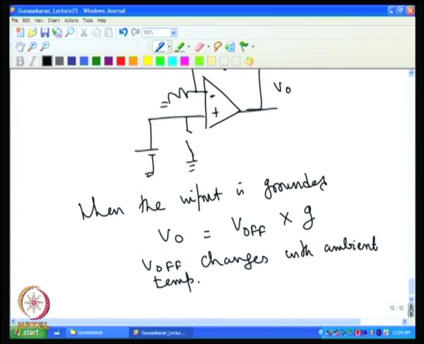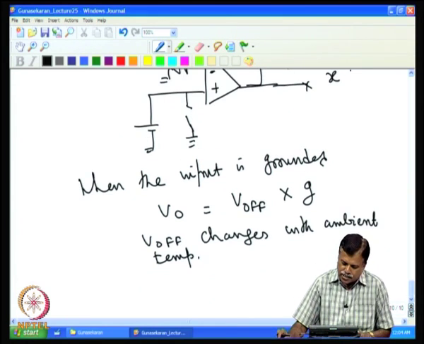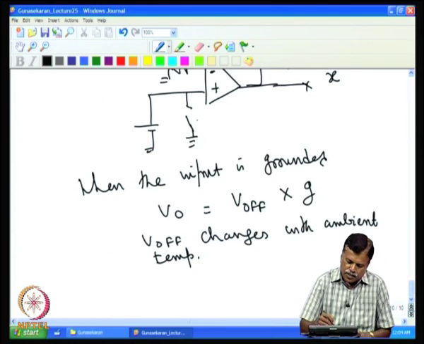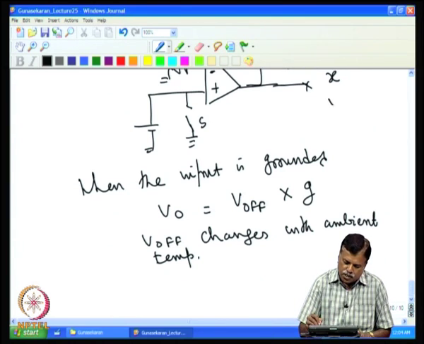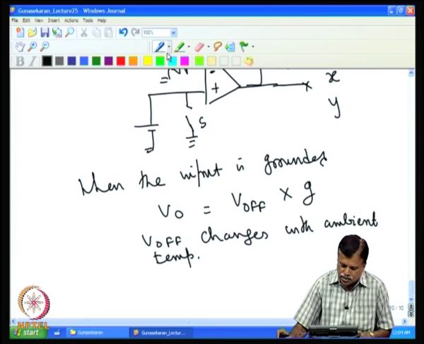So, before making a measurement, initially you short this one to 0 and take this voltage, and this voltage can be stored, say, as X. Then open the switch, say S, and then make the measurement; let that voltage be Y. So, the difference between these two, X and Y, gives you the input voltage.